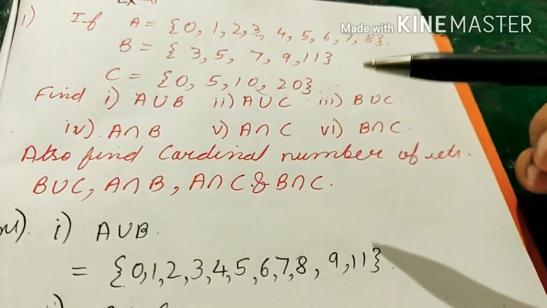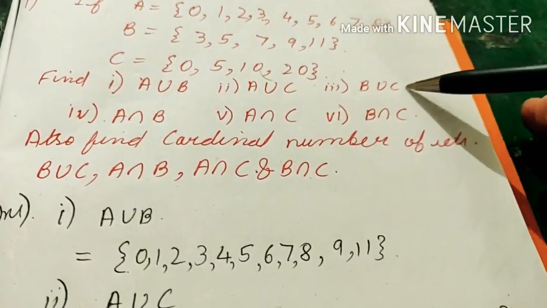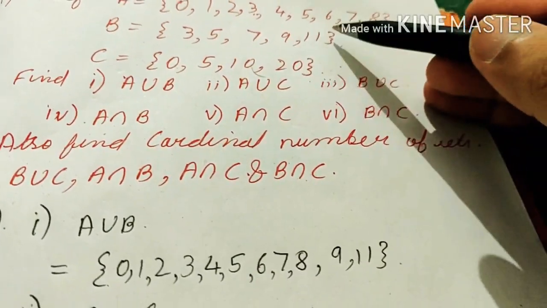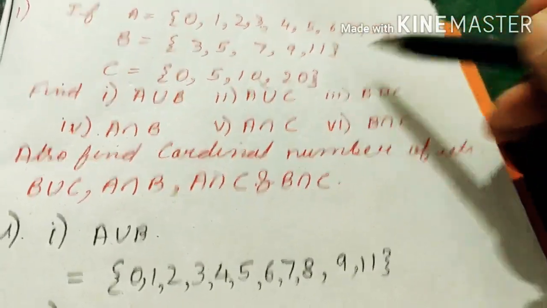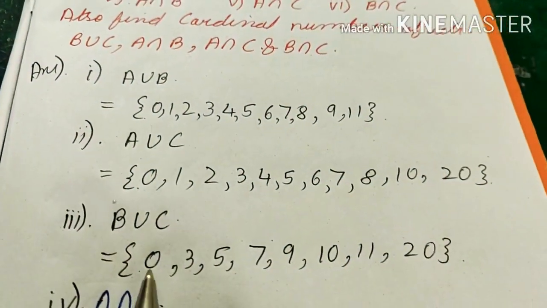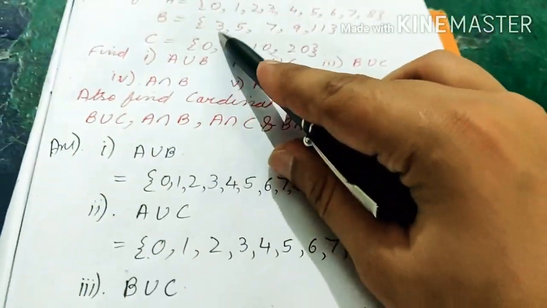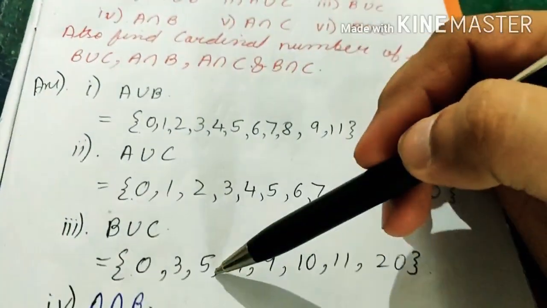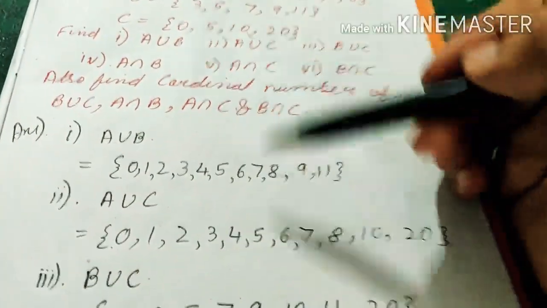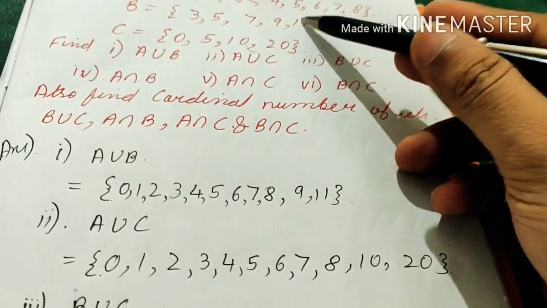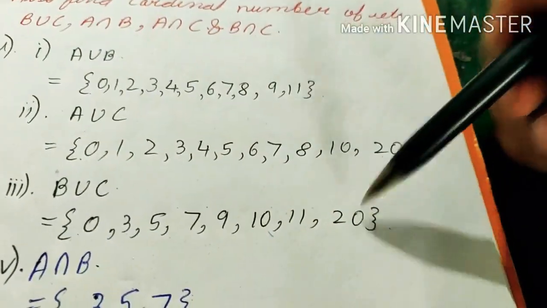Okay, what next? B union C, a set that contains all the values of B and C. Starting with this, look, 0, then 3, then 5 in both, so we will write 5 only one time, then 7, 9, 10, 11 and 20.